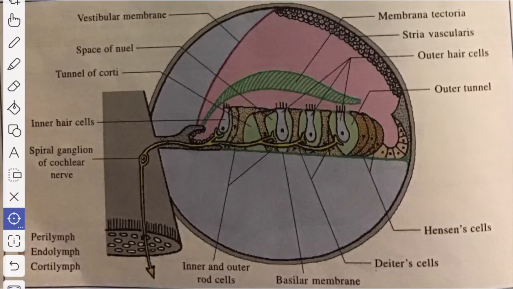Next we'll see about the structure of the cochlear duct. So this is the cochlear duct. The cochlear duct is bounded medially by the vestibular membrane. So this is the vestibular membrane which bounds medially. This vestibular membrane is also known as Reissner's membrane, and it is bounded laterally by the stria vascularis.